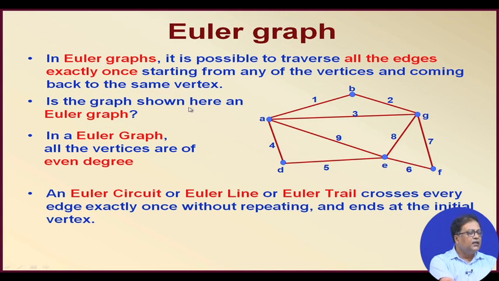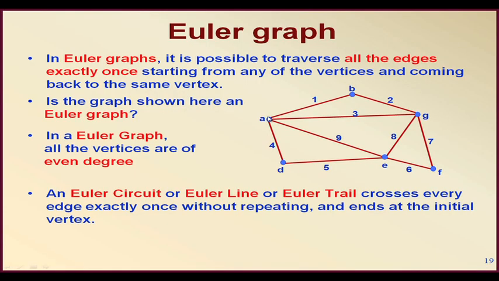So, in an Euler graph, all the vertices are of even degree. That is very interesting. Why even degree? Think of that door problem once again. If you have to come back to the same room, you must have one door for going out, another door for coming back, is it not? So, that means doors should be in pairs. In this case, if you go out from A along one edge, you must have another edge to come back.